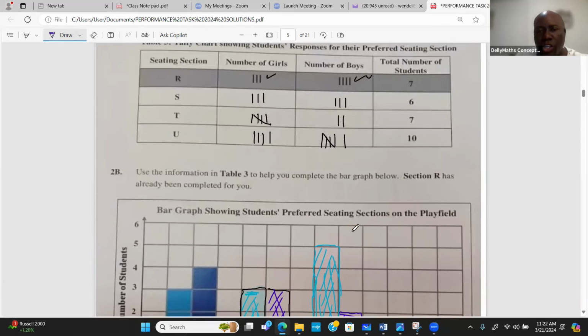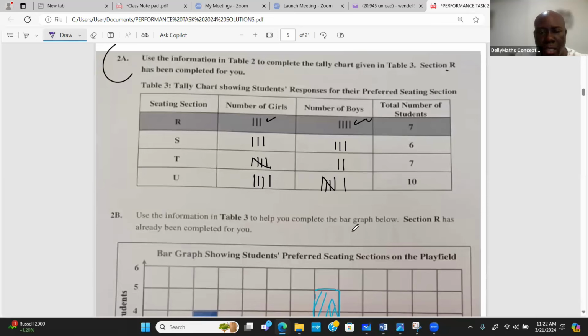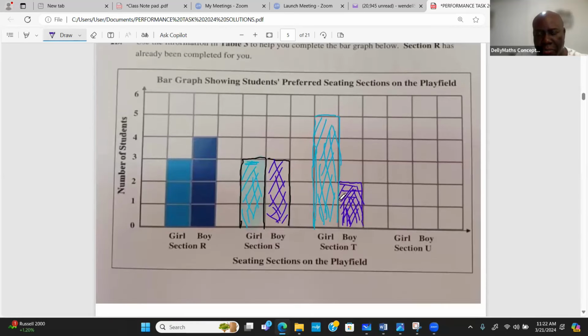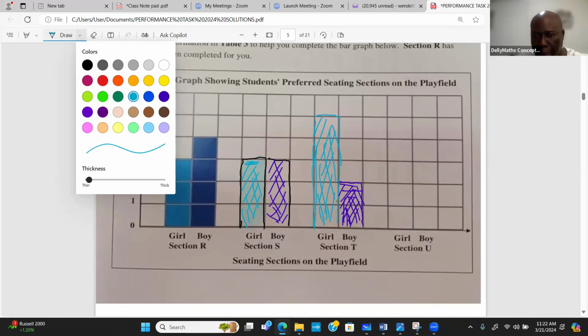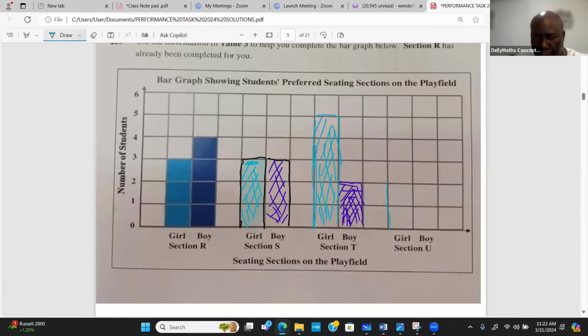Let's go for the last one. U. U has 4 girls and 6 boys. Four girls here.